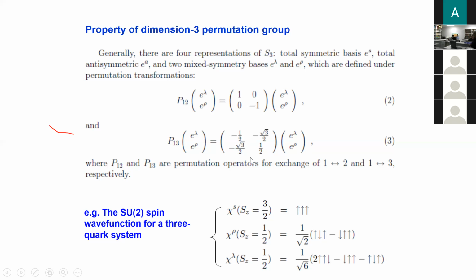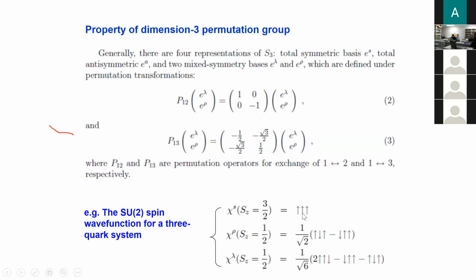Therefore, these are not eigenfunctions, and these are not eigenvalues. So we don't interchange 1,3 or 2,3 for these two representations, but we keep that rho and lambda symmetry to construct the symmetry we need.